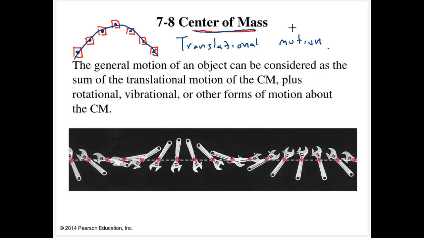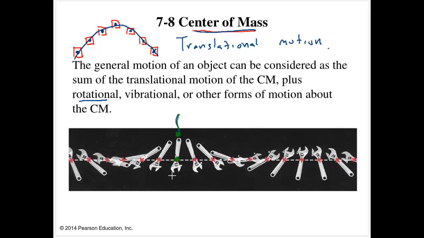However, if we take something and we throw it and we spin it, then we can also have rotational motion. And it turns out that if you throw an object and you set it spinning, it's also going to rotate about its center of mass. So if you take a look at this wrench right here, its center of mass is going to obviously occur nearer to the head than to the butt end of it.